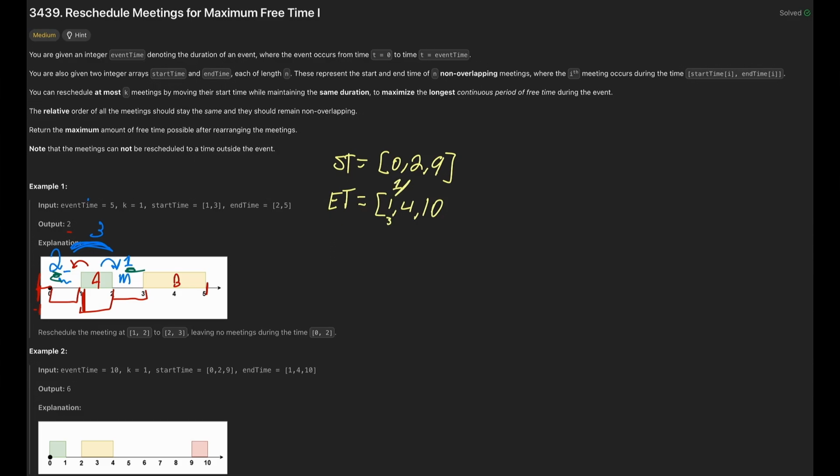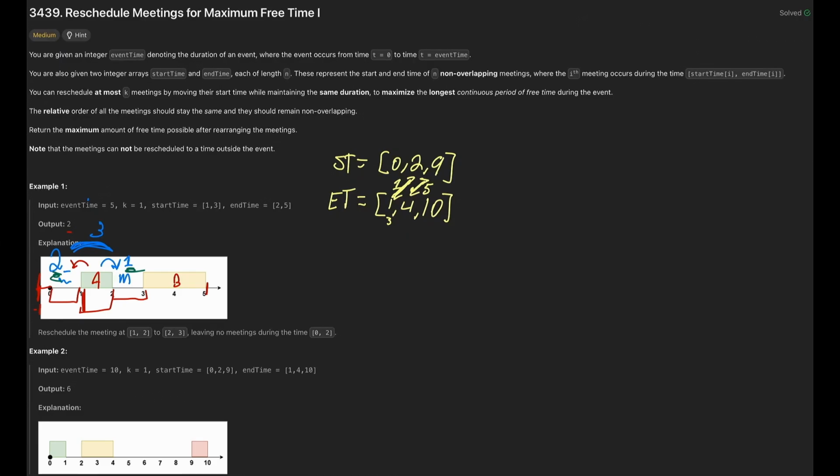So we can identify there's a space of 1 in between them. Next, the end time of meeting 1 is 4, and the start time of the next meeting is 9. And we can identify a space of 5. So we can keep using that to identify these gaps, and that's how we'll actually create that array of gaps so that we can slide our window across it.